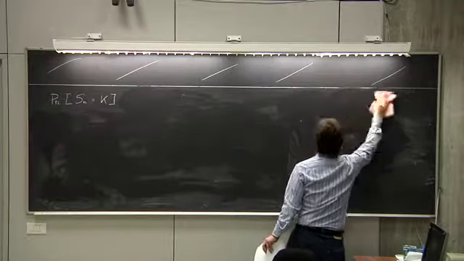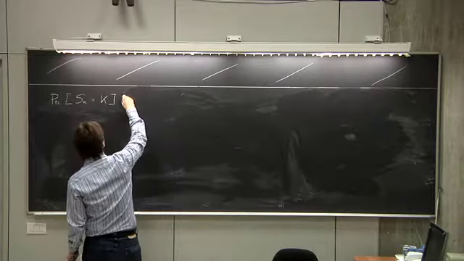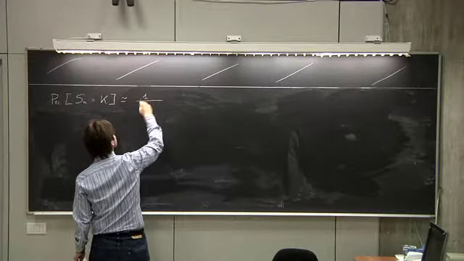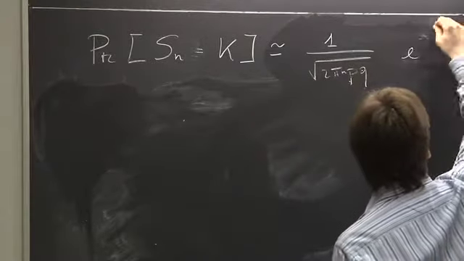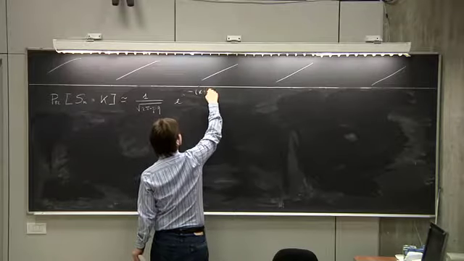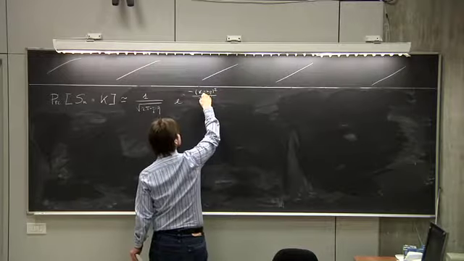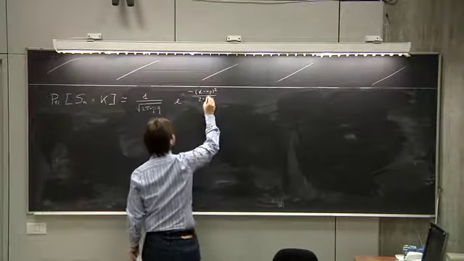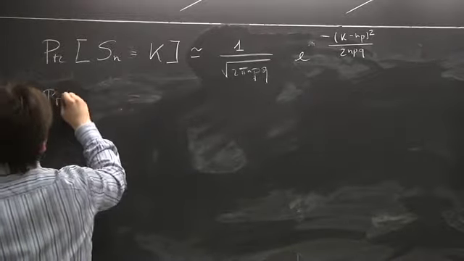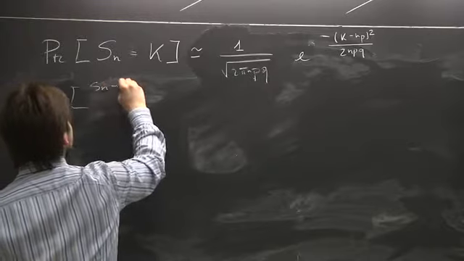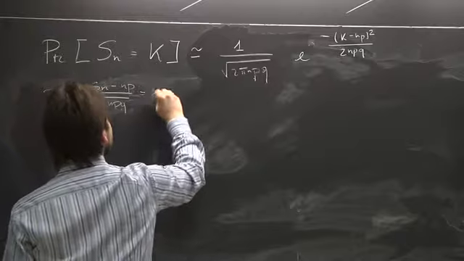Now, just to be sure we do not forget this, which is also the probability that Sn minus mp over square root of mpq is equal to xk.